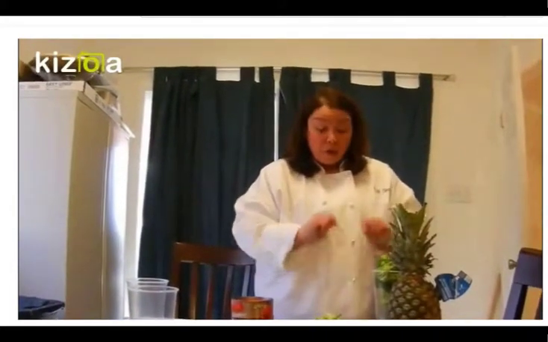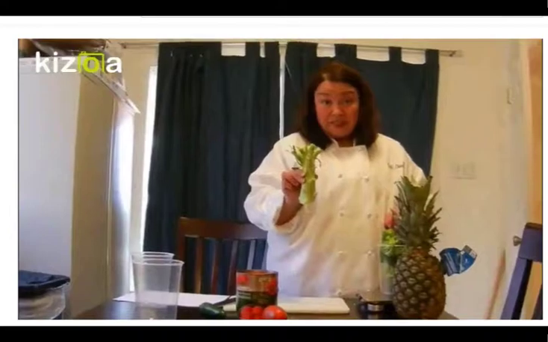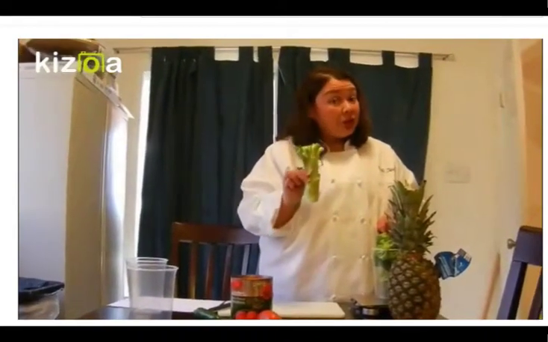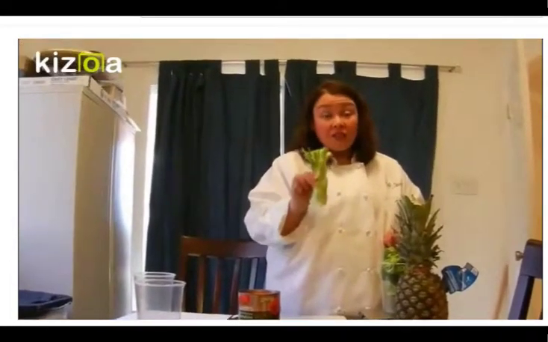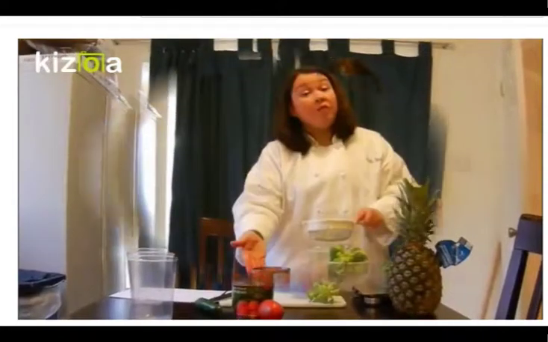So we've lost almost 50% of the original weight of our broccoli by removing the stem. Again, that's going to have a huge impact on the cost of this ingredient in your recipes.